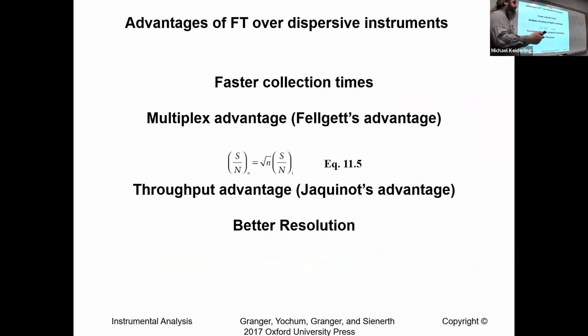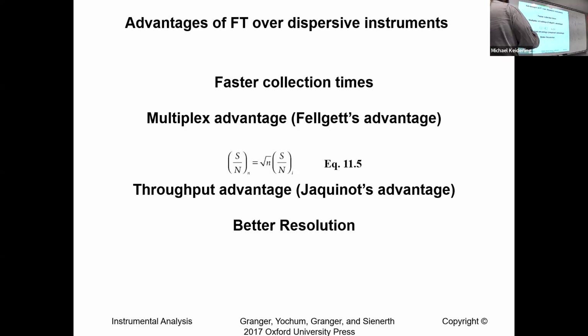So using Fourier transform measurements, some advantages: the collection time is much faster because it's just the time it takes the mirror to move. So you have an interferometer set up where certain wavelengths will constructively interfere and destructively interfere depending on the position of one of the mirrors, which moves.